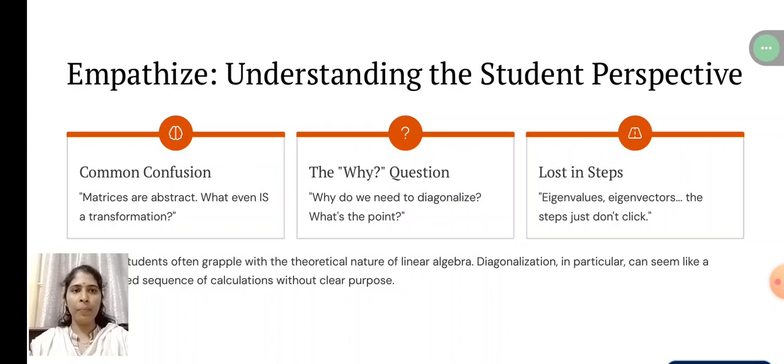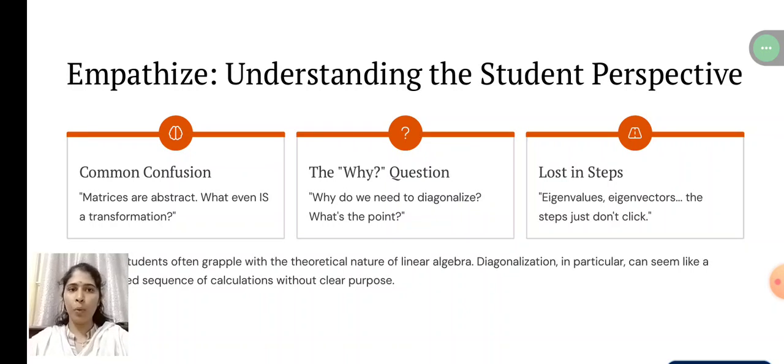These are the three common things which first year students usually see. First one is common confusion. They see matrices as abstract. That is, what even is a transformation? When they enter first year, they don't know about transformation.